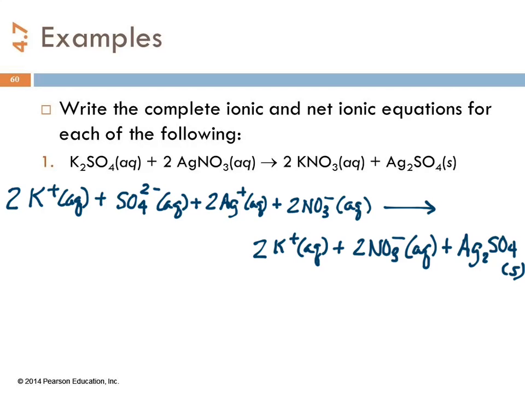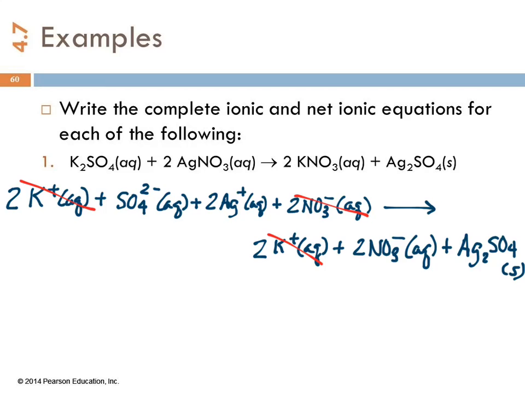The net ionic equation is like your net paycheck after they take out the Medicare and the this and disability and the taxes, right? So that's the complete. And then we're going to get rid of the spectators. What's one of the spectators? Potassium. I heard someone whisper. It's a secret. What's another one?